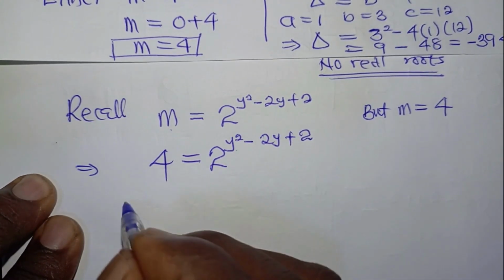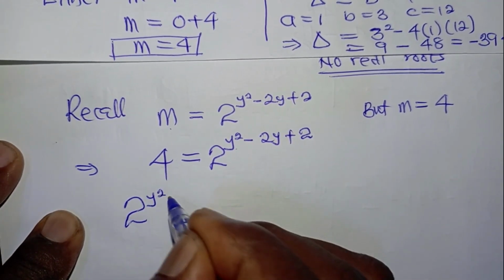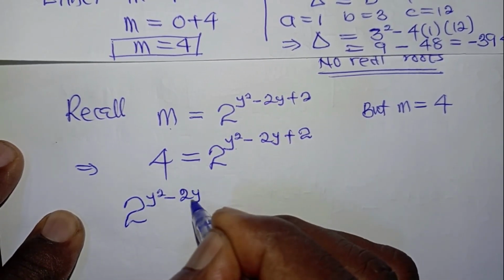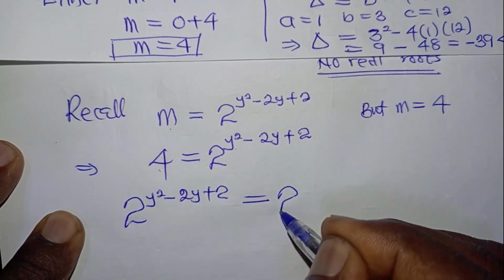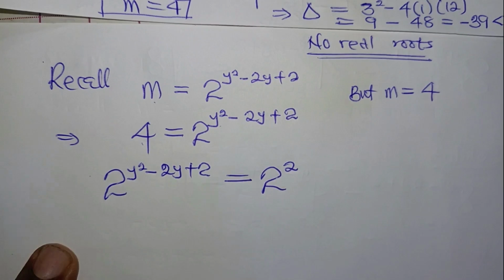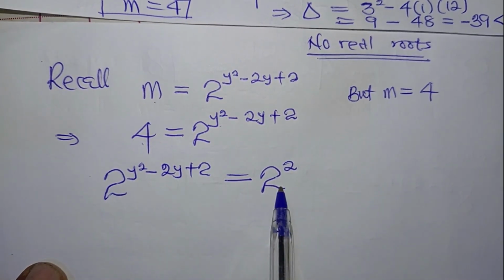We can write this one again as 2 to the power y squared minus 2y plus 2 equals 4, which is the same as 2 to the power 2. Now, as you can see, the bases are the same, so we can compare the exponents.